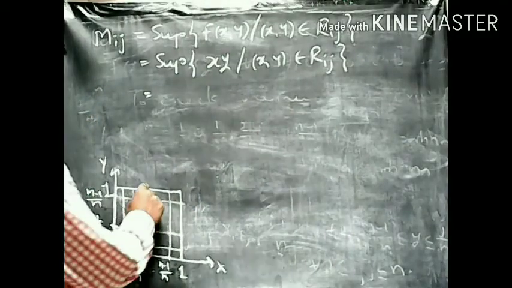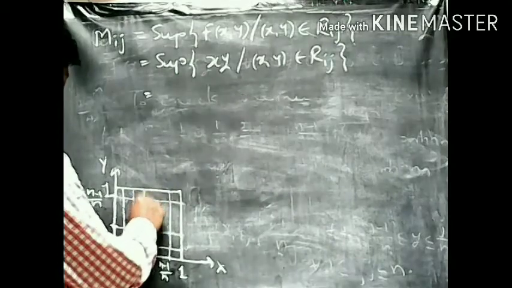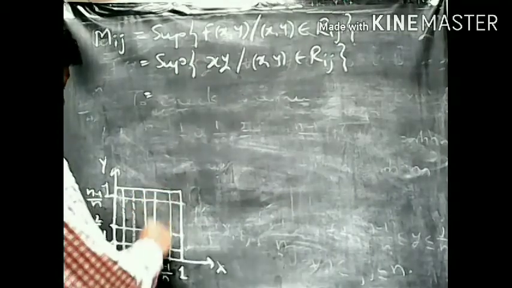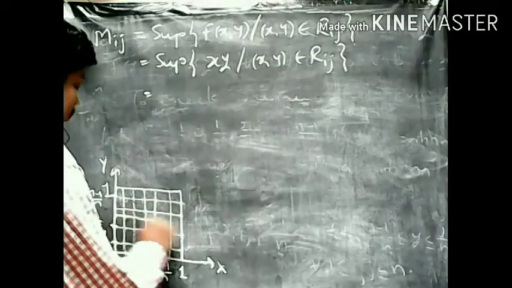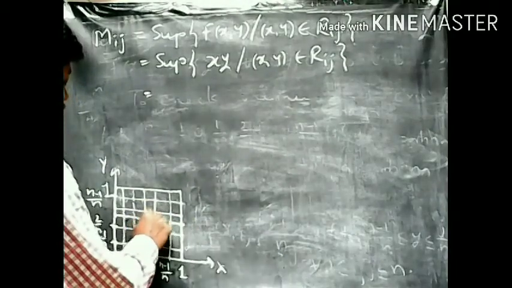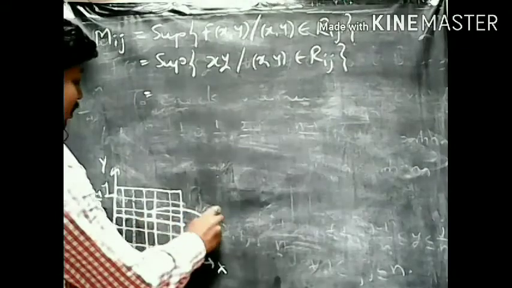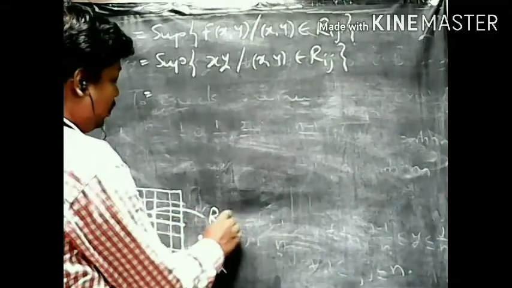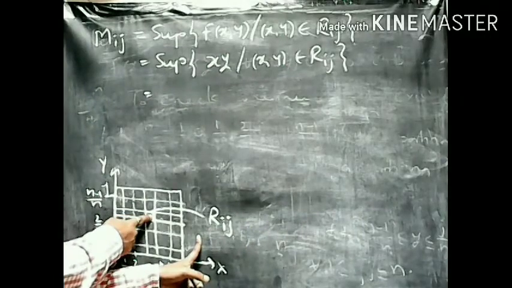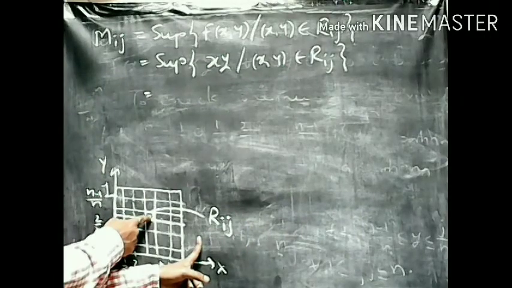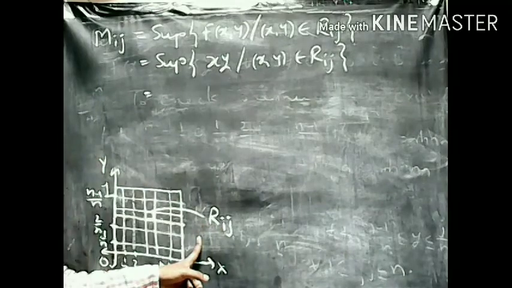And here somewhere we have that ij subrectangle. So this is my Rij. This subrectangle is the ij subrectangle, and the name for that is Rij.